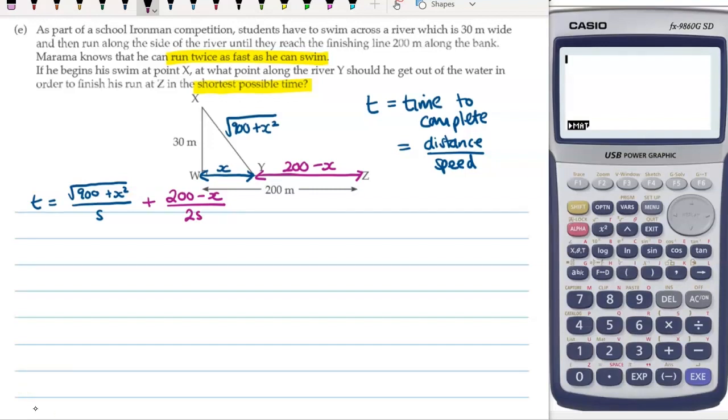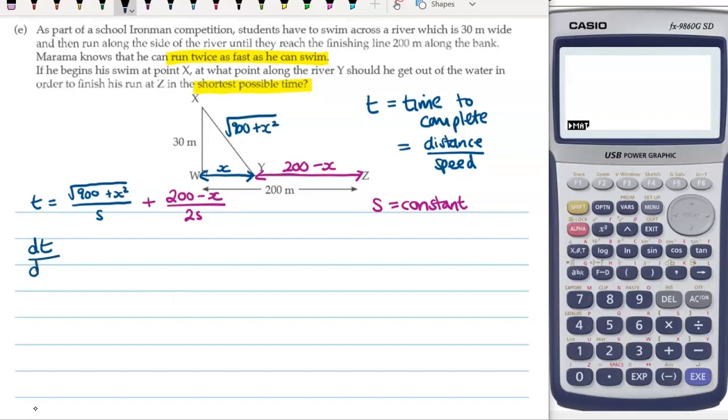Now s is a constant. It's not some variable in this thing. It's a fixed speed that he can swim at, and he can run twice as fast as that, whatever number that is. So that means that we can actually differentiate this as it is.